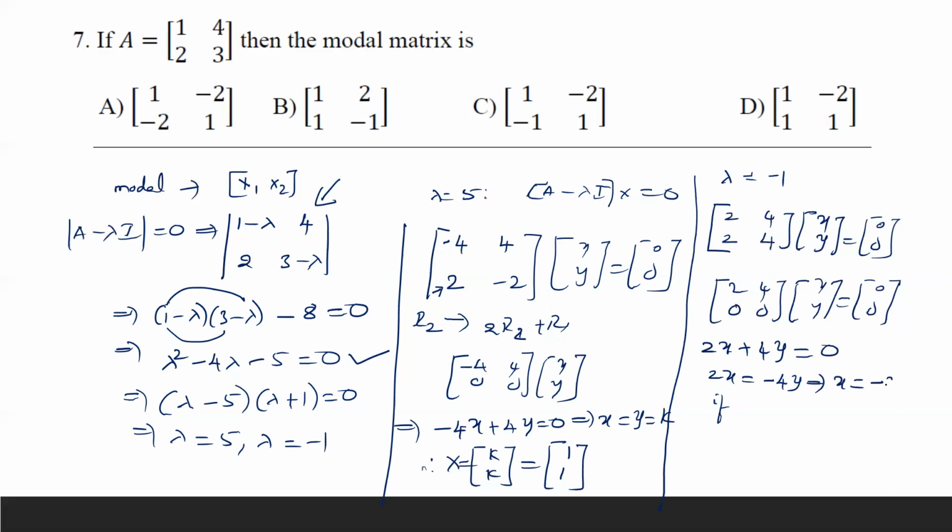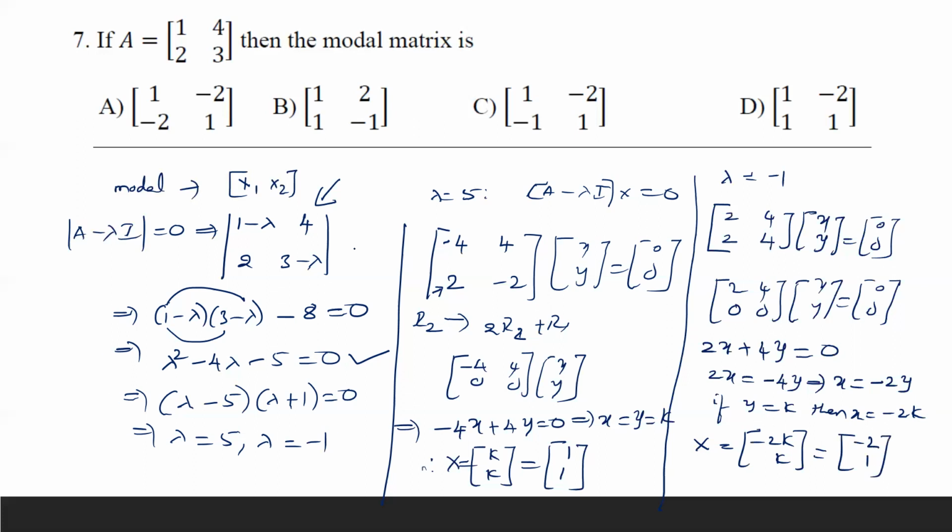That's how we'll get x is equal to minus 2y. And if you take y is equal to k, then we'll get x is equal to minus 2k. That's how you see the eigenvector here. It is minus 2k and k. And in particular, if you take k is equal to 1, we'll get this as minus 2, 1.